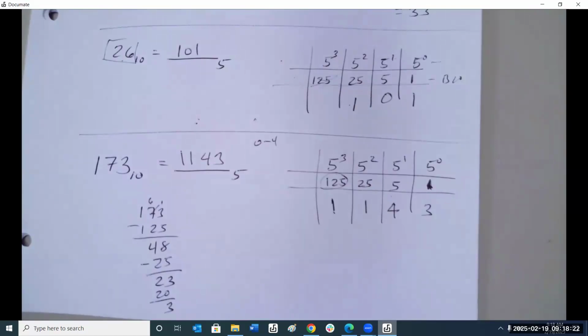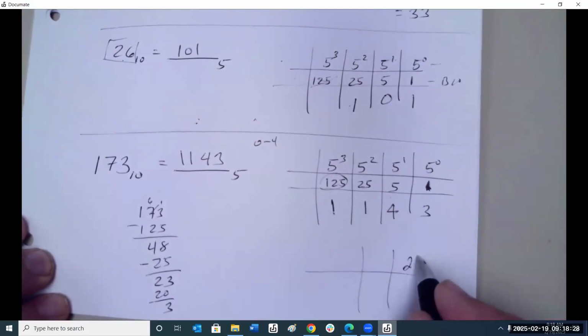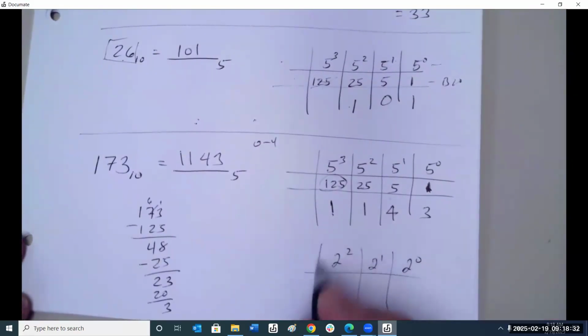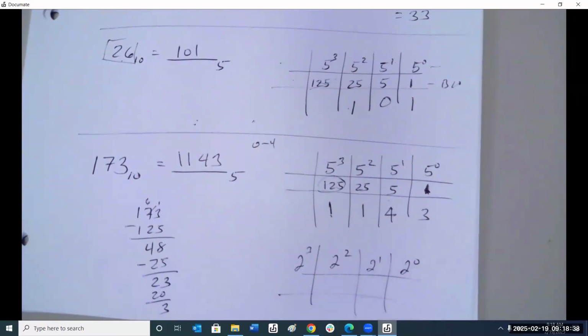And you do the same thing with base 2s. In base 2 numbers, all you have are 2 to the 0, 2 to the first, 2 to the second, and so on and so forth. And the only numbers you can use here are 1s or 0s.